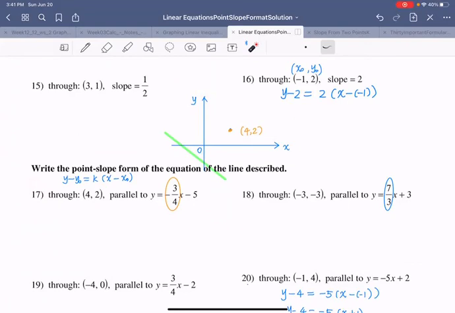So y minus 2 equals -4x minus 5 times, who is your slope?